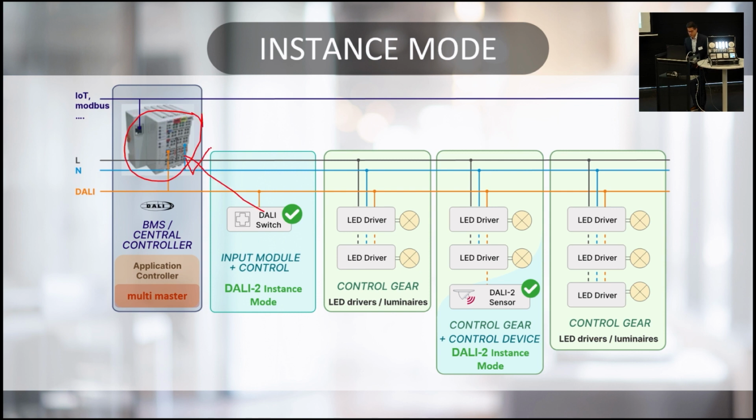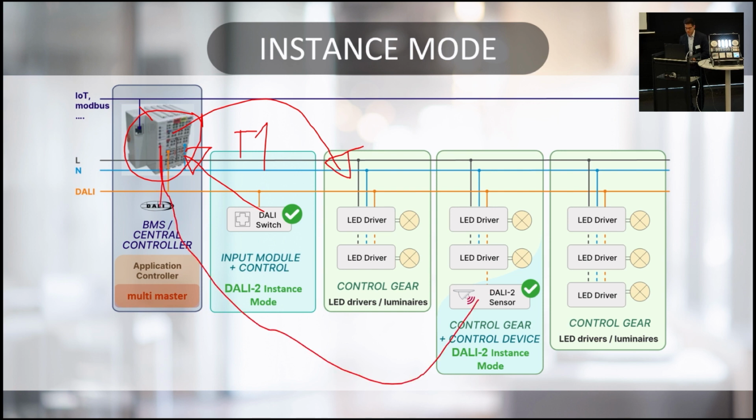So there, the information will be sent, okay, T1 is pressed. But nothing happens. You need to tell this controller, hey, if T1 is pressed, then do something with the lights. Also with the sensors, it goes back first here, and then this knows how to behave, and then it goes to the LED drivers. So it's a bit of a different approach.